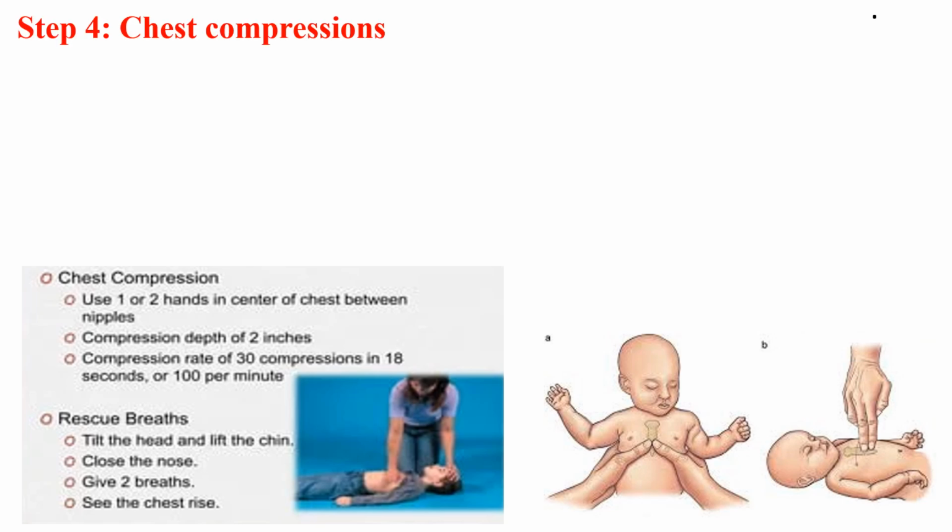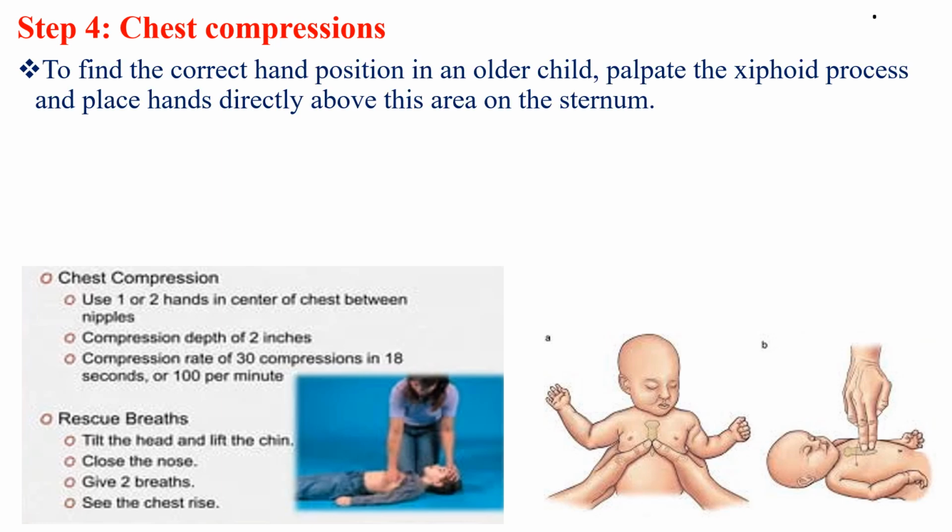To perform chest compression for CPR, you can follow these steps. First, position your hands. Place the heel of one hand in the center of the person's chest and then place the other hand on top. To find the correct hand position in an older child, palpate the xiphoid process and place hands directly above this area on the sternum.